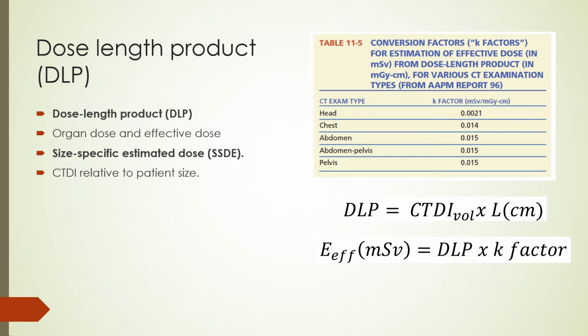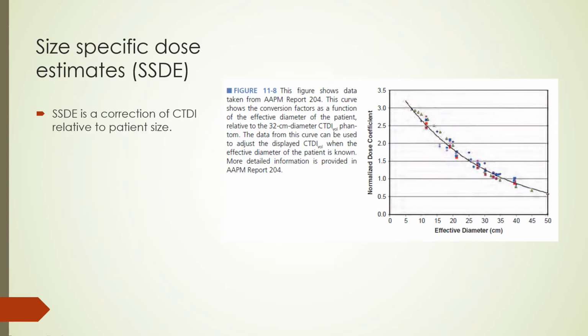To make our calculations more specific to patient size, we use the size-specific dose estimate or SSDE. This is a correction factor that takes into account the size of the patient relative to the plexiglass phantom. With this correction, we can make a better estimate of patient dose and then calculate risk from that. For size-specific dose estimates, one rule to keep in mind is this.